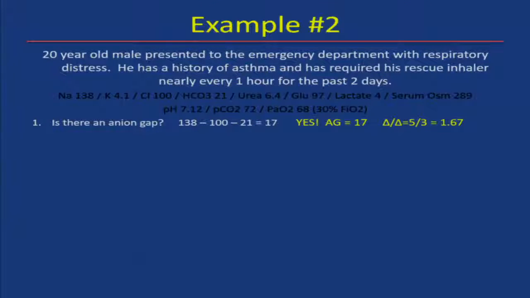So as I work through that, again, is there an anion gap in this patient? Yes, there is. And the anion gap is 17. Going back to our concept of whether the bicarbonate is following this change in anion gap, you can see the change in anion gap is 5, but the bicarbonate change is only 3.